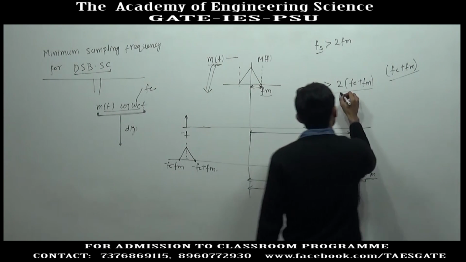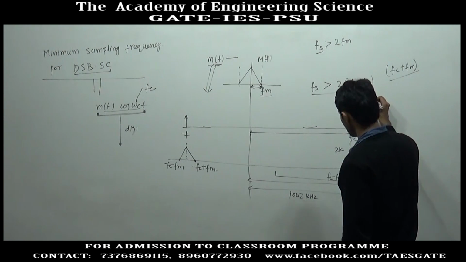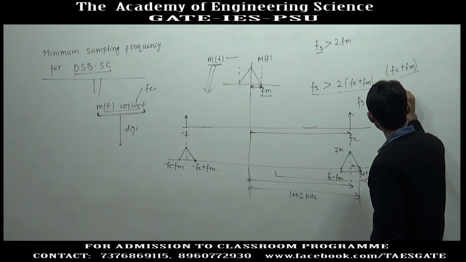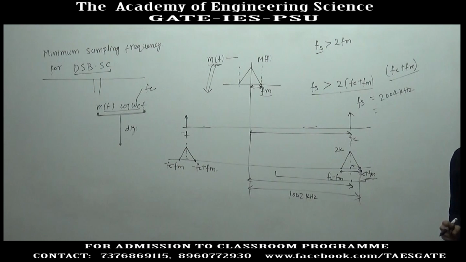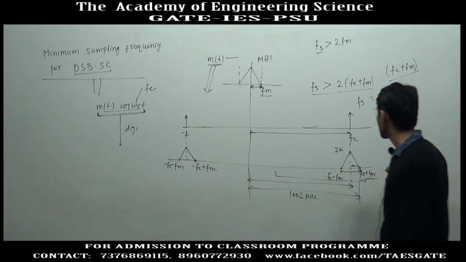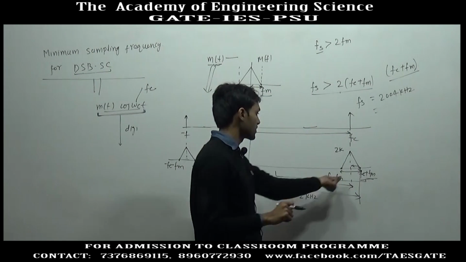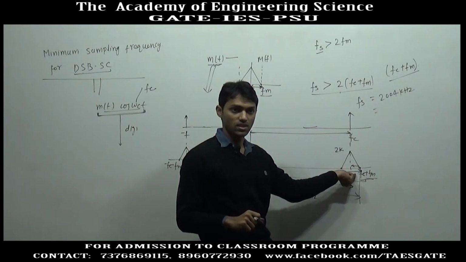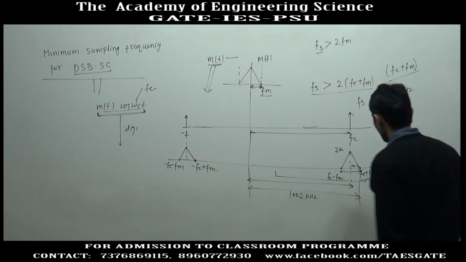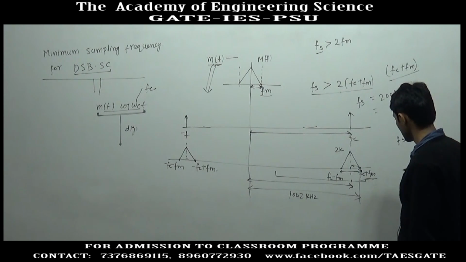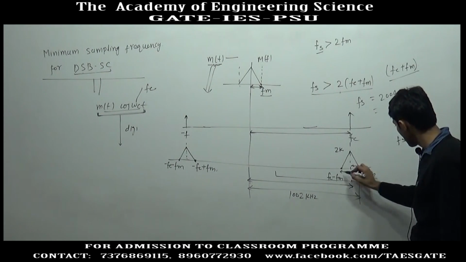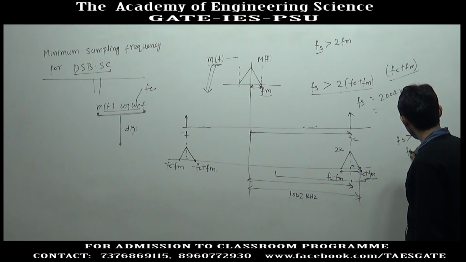If we use this formula, we will have to take a sampling frequency equal to 2004 kilohertz or 2.004 megahertz. But we know that the sampling frequency must be greater than 2 into the bandwidth of this signal. The bandwidth of this signal is 4 kilohertz. So, in actual we need a sampling frequency greater than 2 into the bandwidth, 4 kilohertz. So, we need a sampling frequency of 8 kilohertz.